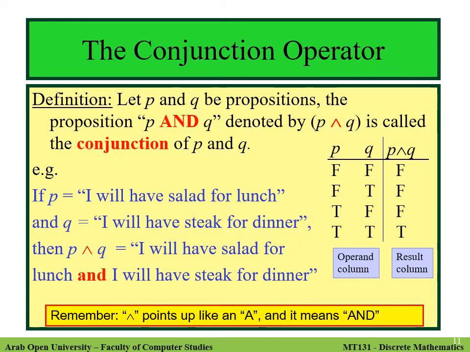The only case where the AND operation will give you a true statement is if both P and Q are true. This truth table is easy to remember. The AND operation is always false except when both P and Q are true.